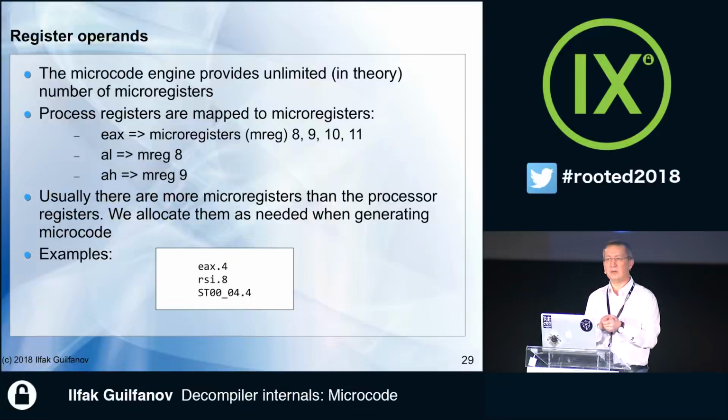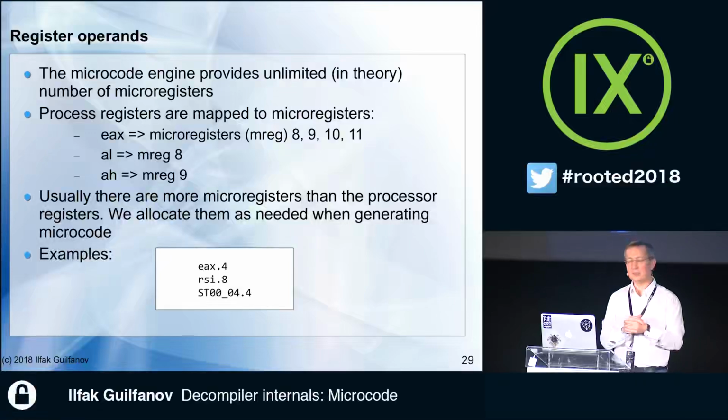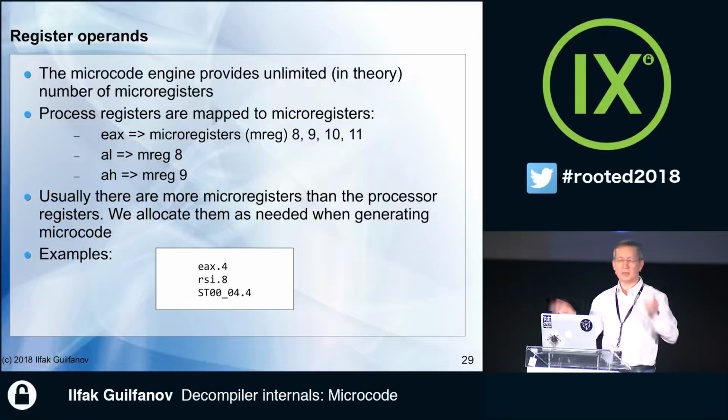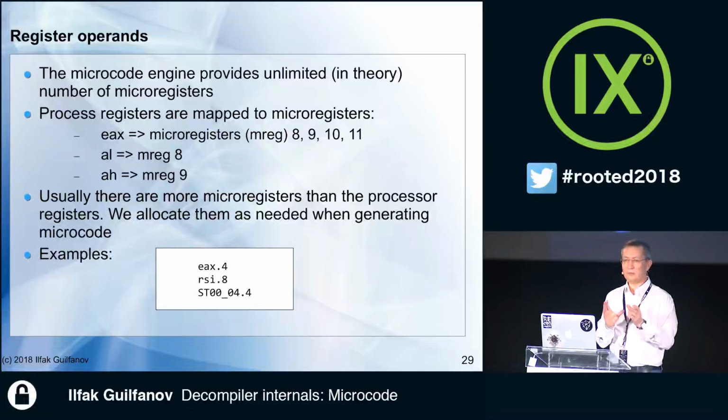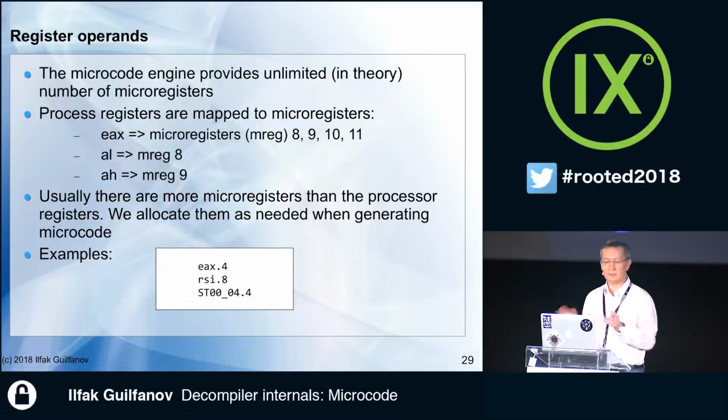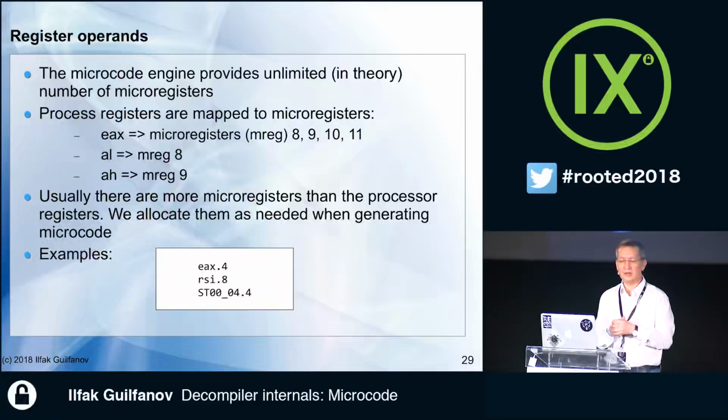And this mapping helps us to not have this headache of partial registers and combined registers. Everything is handled for us magically, because we have a very uniform view: 1 micro register is 1 byte. Very simple thing. And we allocate these micro registers during the microcode generation as needed. If we need more registers, we can allocate more registers.